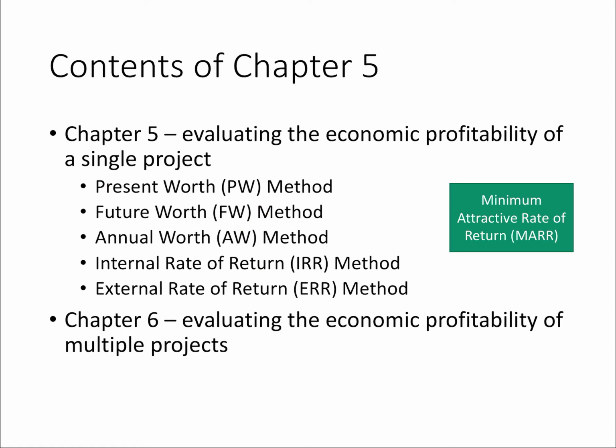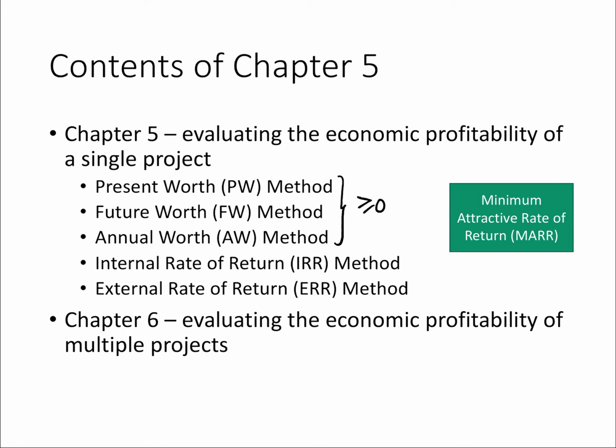Okay, so the 5 methods, they are present worth method, future worth method, annual worth method, and these 3 methods are just to use the methods we have learned in chapter 4. You convert everything to either present or to the future or to every year, and then you want to compare if that value is bigger than or equal to 0.